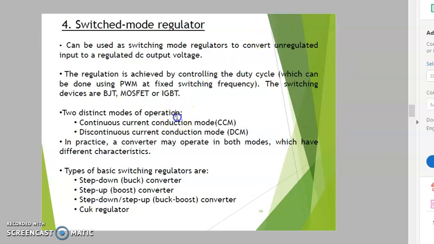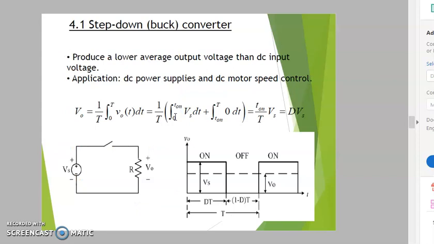So we shall take a look at each specific device or system accordingly. For the buck converter, we produce a lower voltage compared to the input.